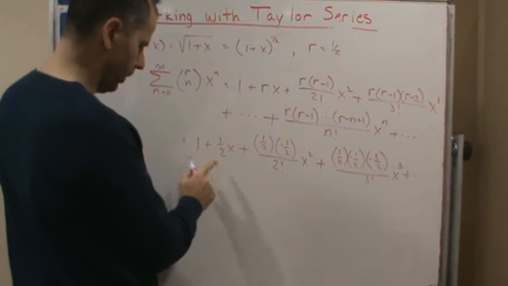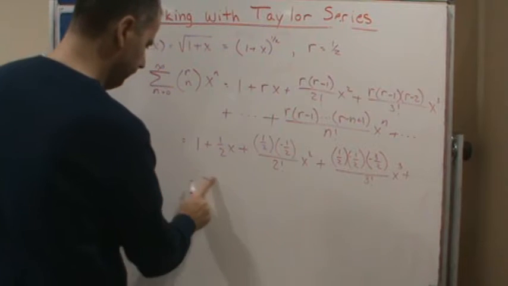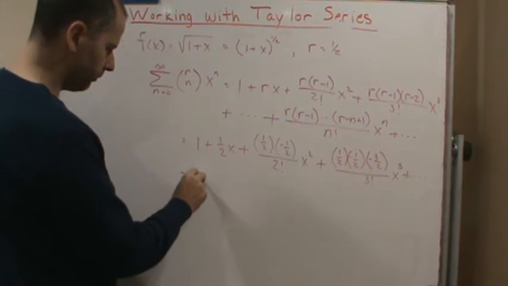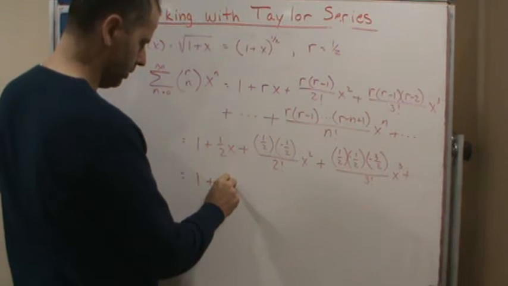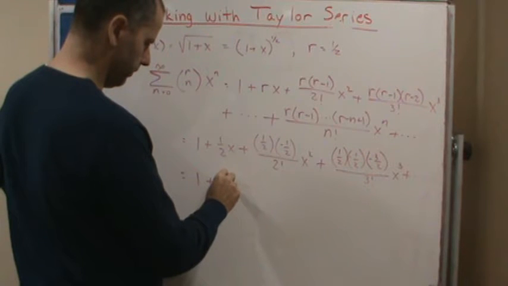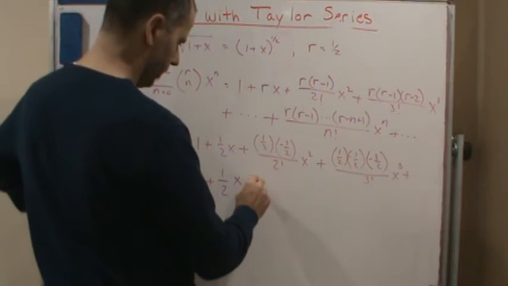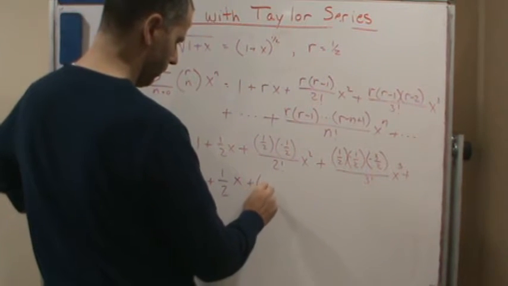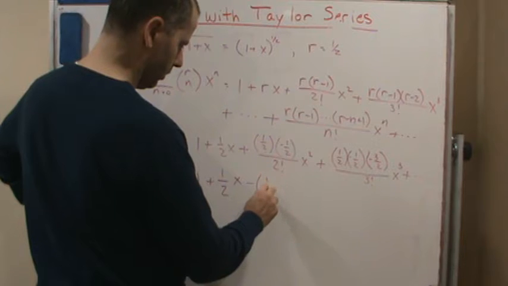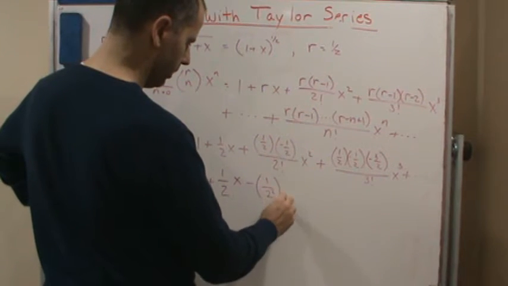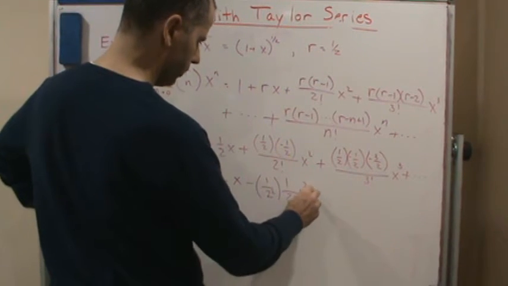Because we got 1 plus 2x. This is going to become minus 1 over 2 squared times 1 over 2 factorial, 2 squared, like that.